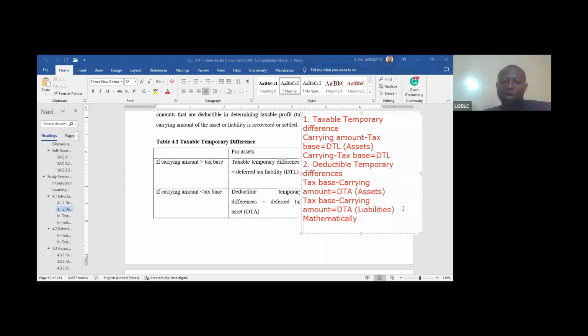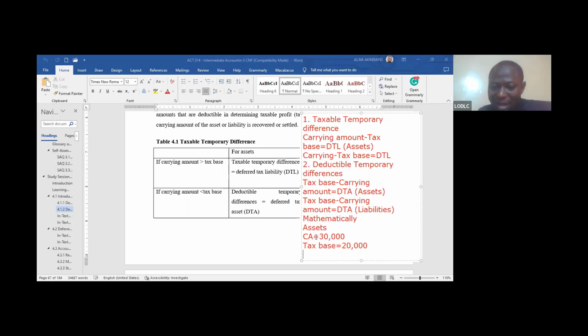You may want to know whether we have deductible temporary differences or taxable temporary differences. Let's say for the assets, we have a carrying amount equal to 30,000 and a tax base equal to 20,000. So what do we have?